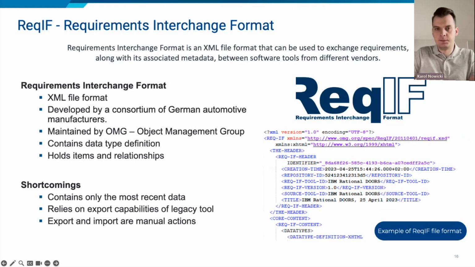Initially, ReqIF was developed by a consortium of German automotive manufacturers, but later it was adopted as a formal specification by the Object Management Group, and currently it's maintained by this group.